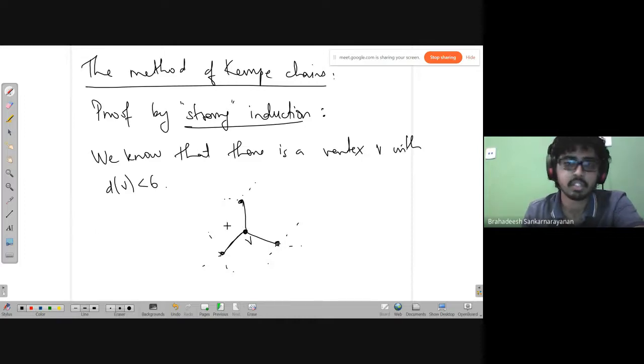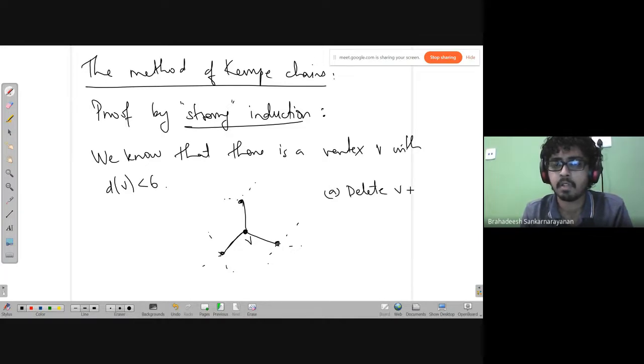But V has only 3 edges going out. So if this is the case, 3 or 2, whichever you prefer, if it's less than 4, then first delete V and any incident edges, which in this case are these 3, E1, E2, E3.